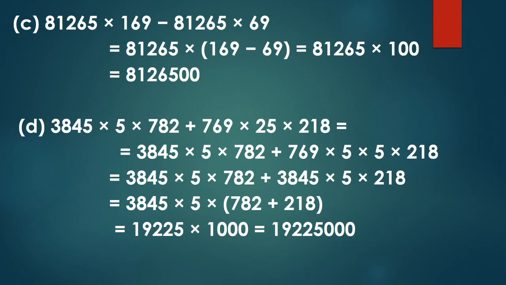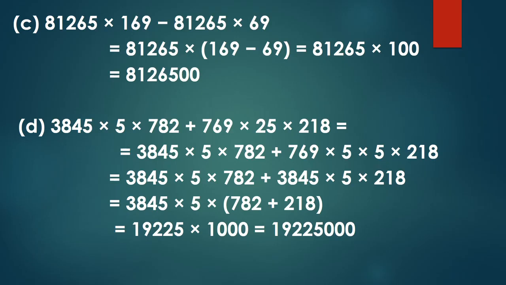3,845 multiplied by 5 multiplied by 782 plus, now when you multiply 769 by 5, which is in the previous step, you will get 3,845. Okay, so 3,845, now one 5 is left, multiplied by 5 multiplied by 218. Now you got that what is common in this? 3,845 multiplied by 5.